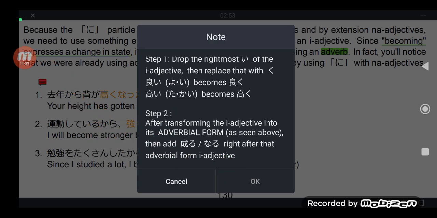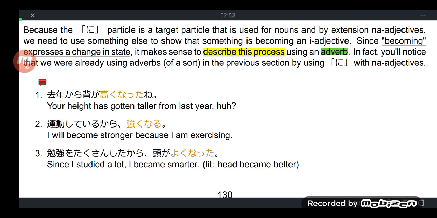Okay, so let's apply these rules, step 1 and step 2. Let's apply the rule, minasan, here. As you can see in the examples, kyonen kara, kyonen is last year, 去年から背が高くなったね。Your height has gotten taller from last year, huh?